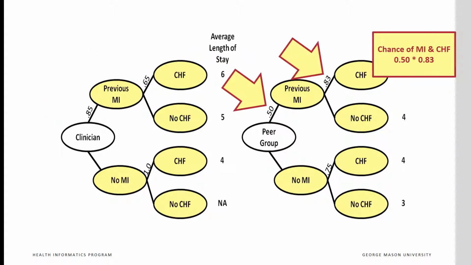The equivalent probability for peer group is 50% times 83%. These probabilities show the distribution of patient types under clinician and peer group's care. Obviously, the clinician and the peer group see different types of patients.